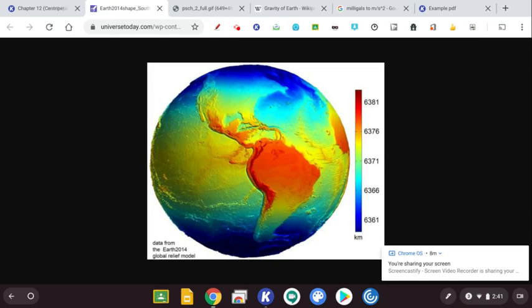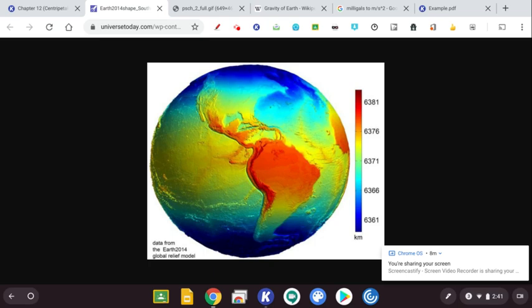What you're looking at here is the radius values at the poles, 6,361 kilometers, approximately, a little bit more than that towards the blue side, 6,381 towards the darker red side. And so as you get out towards the equator, it does rise up. You can also see the mountain ranges here that have brought some elevation in.